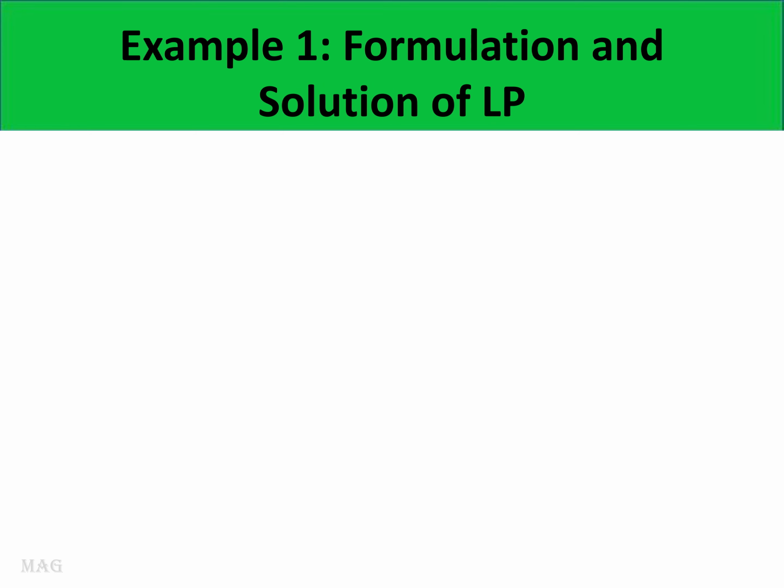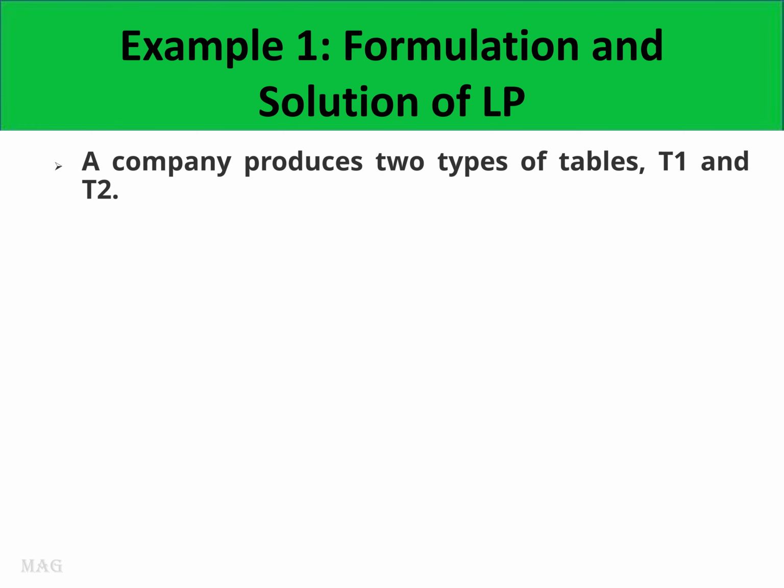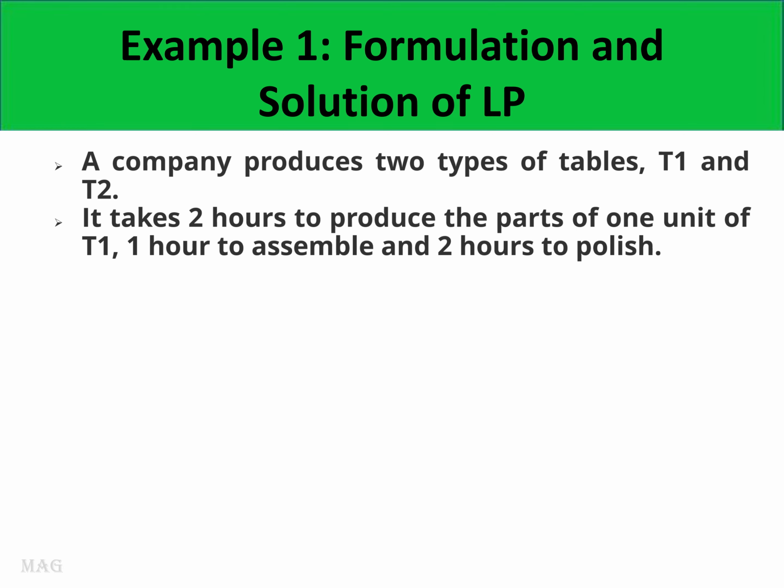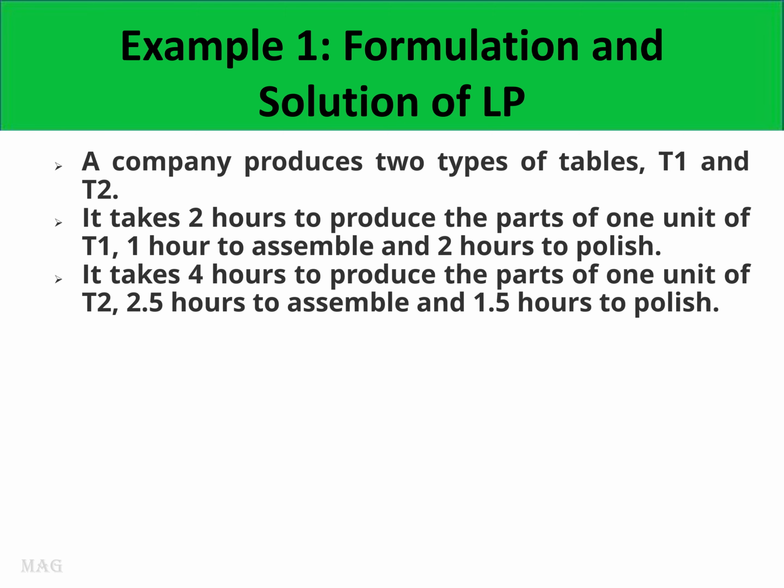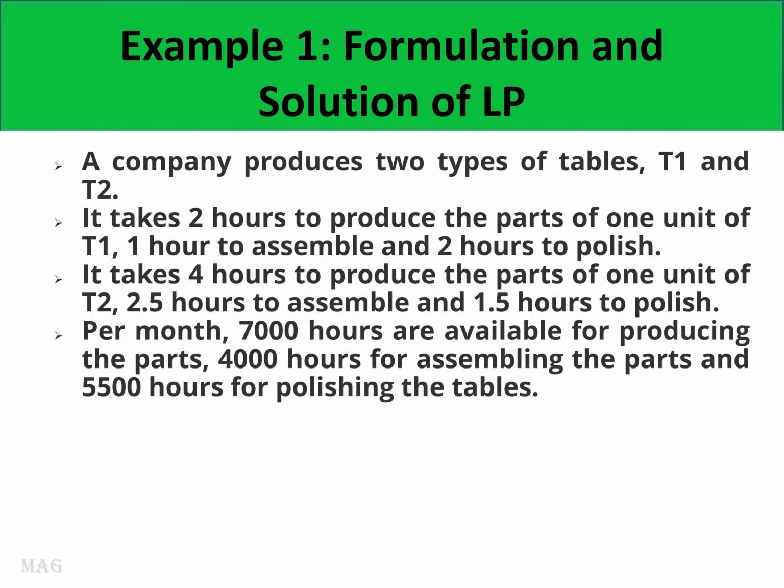Now let us have a simple example of a linear programming problem. A company produces two types of tables, T1 and T2. It takes 2 hours to produce the parts of one unit of T1, 1 hour to assemble, and 2 hours to polish. It takes 4 hours to produce the parts of one unit of T2, 2.5 hours to assemble, and 1.5 hours to polish.